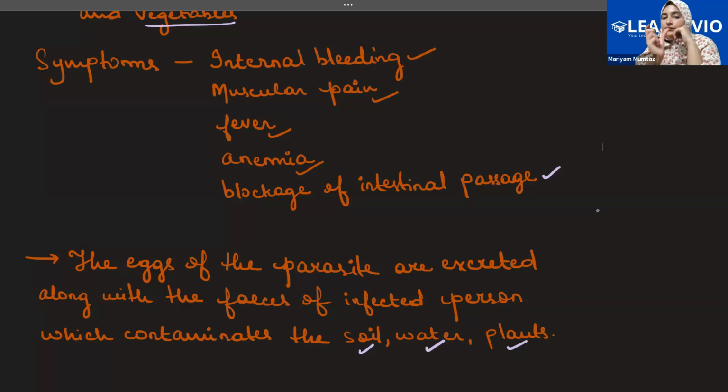Now, the eggs are released either into the water or into the soil. If it goes into the soil, then the plants will have it, because the plants use the soil, right? And the vegetables and everything are grown in the soil only.